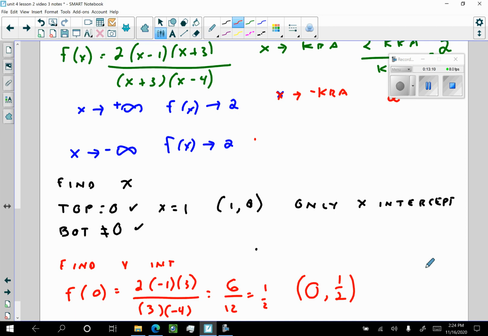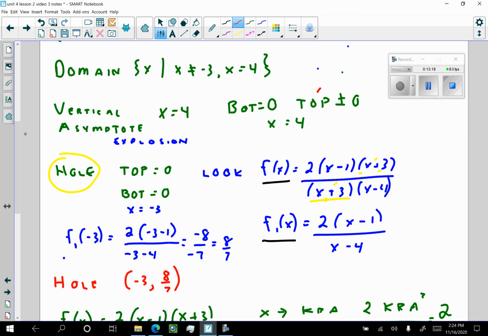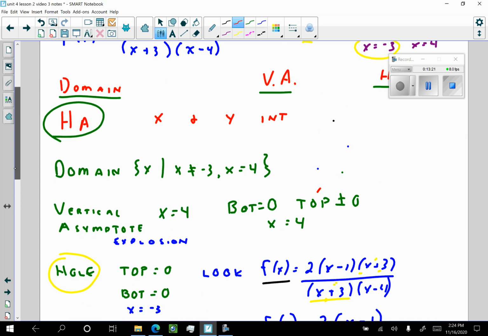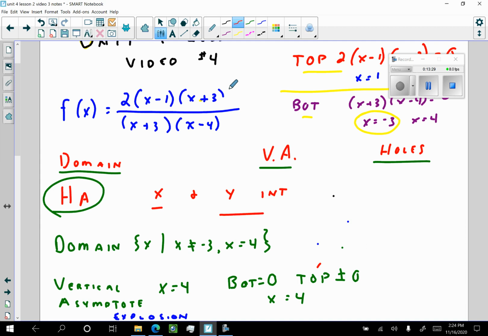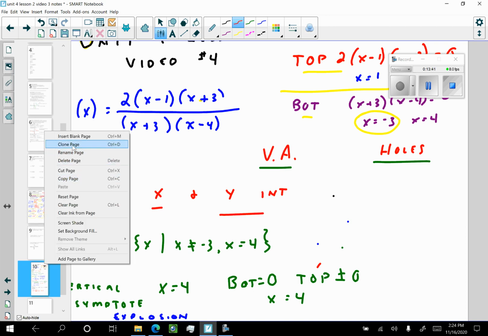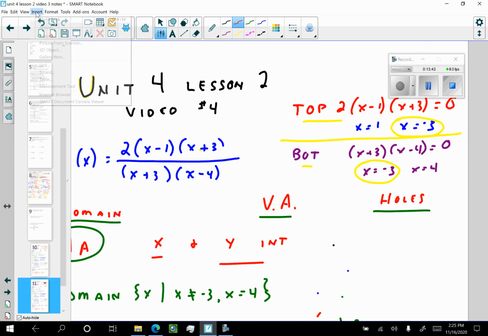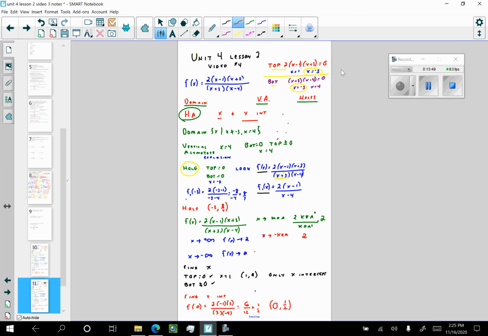Okay, so now, let's see what we have here. We have found everything. We have the horizontal asymptotes, we have vertical asymptotes, we have the x-intercepts, we have the y-intercepts. I'm going to go to a new page, and I'm going to copy this problem. Well, what I'm going to do is this. I'm going to clone the page, and I'm going to view the entire page.